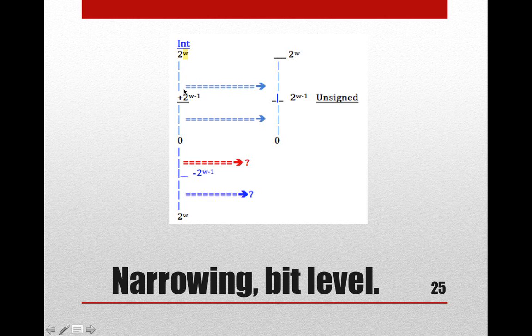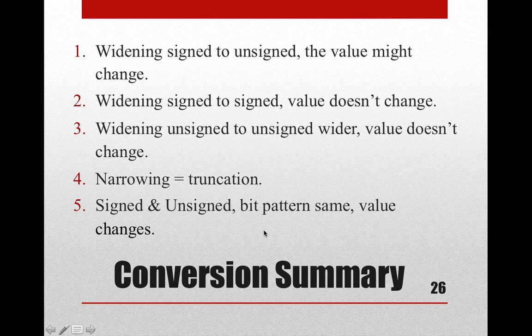I showed you one of these charts earlier, but I like to do this when I'm trying to figure out what's happening with the bits when you're widening or narrowing. It's helpful to think about where these bits go. The red and blue arrow would have to go up here, and I will let you figure that out. It's the same as a lot of slides that I had.